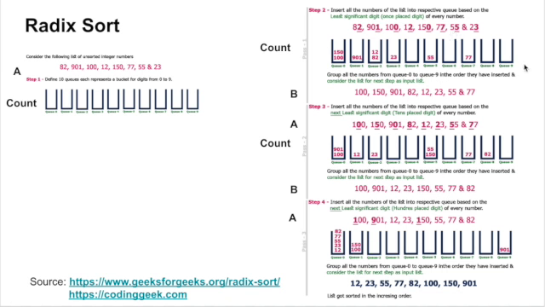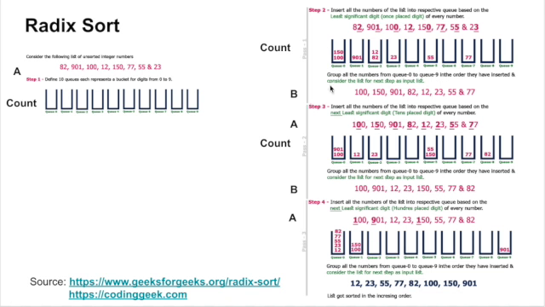So here we have 10 digits from 0 to 9. If the element ends in 2 for the first position, then it's going to go to the second index. And if the element ends in a 1, then it's going to be in the count array's first index, and so on and so forth.